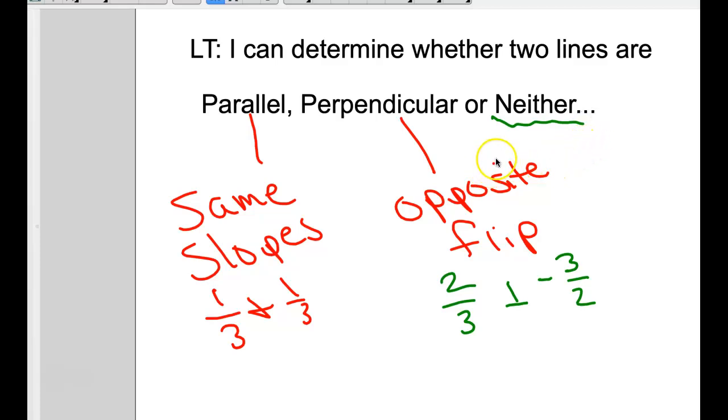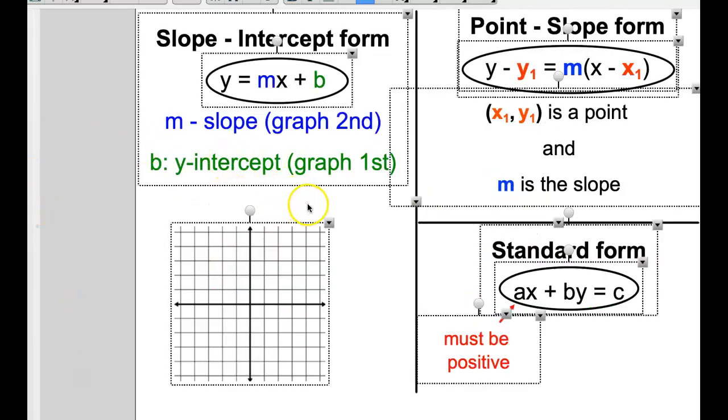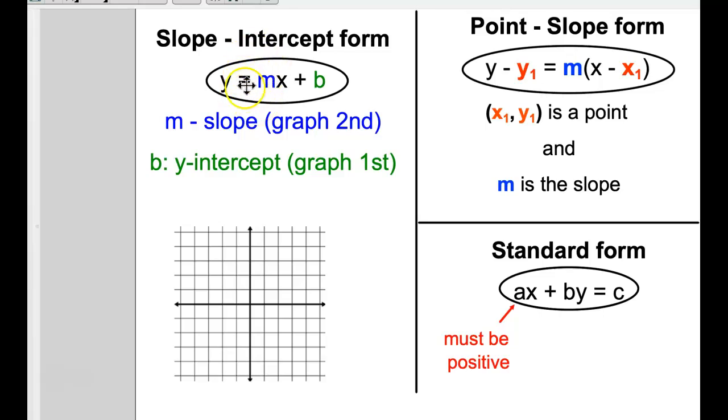So we need to be careful and be reminded of when we know the slopes, right? We know slopes when we have a slope-intercept equation. We know slope when we have a point-slope equation, but we don't know slope when we have a standard form equation. So when we look at our equations, we know the slope if we have a slope-intercept equation. It's the number in front of the x.